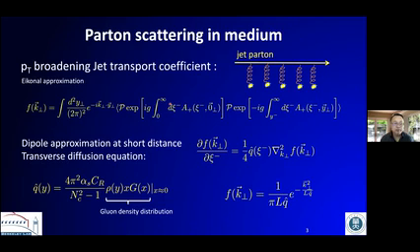If you square it, you get the transverse momentum dependence of this quark propagation as it goes through the medium.